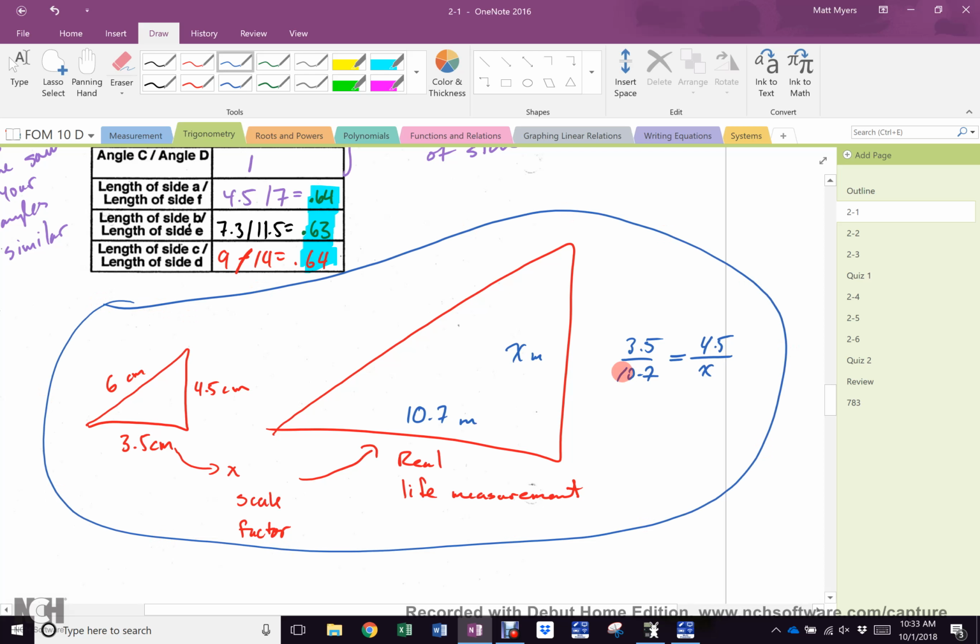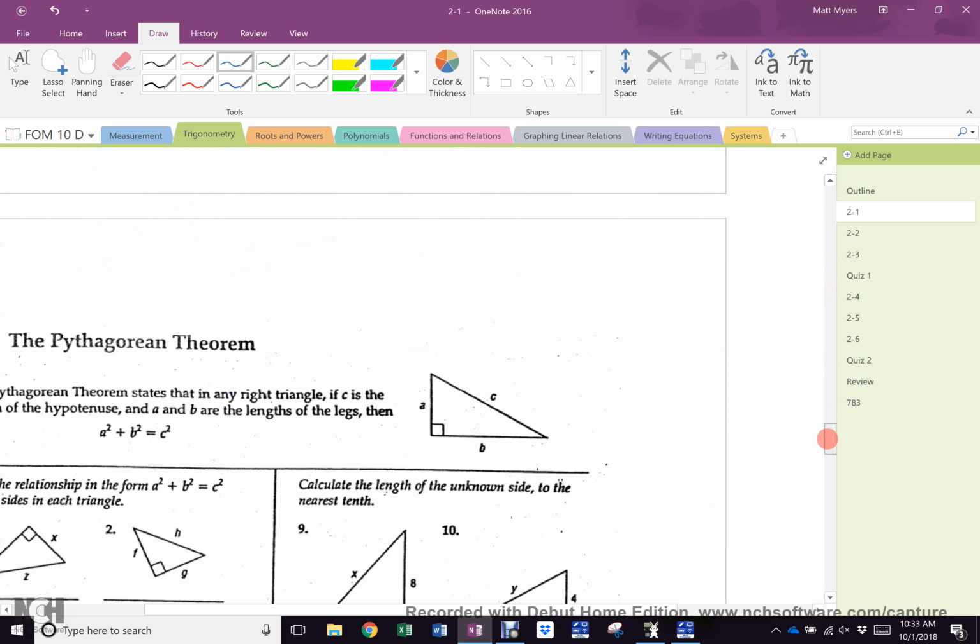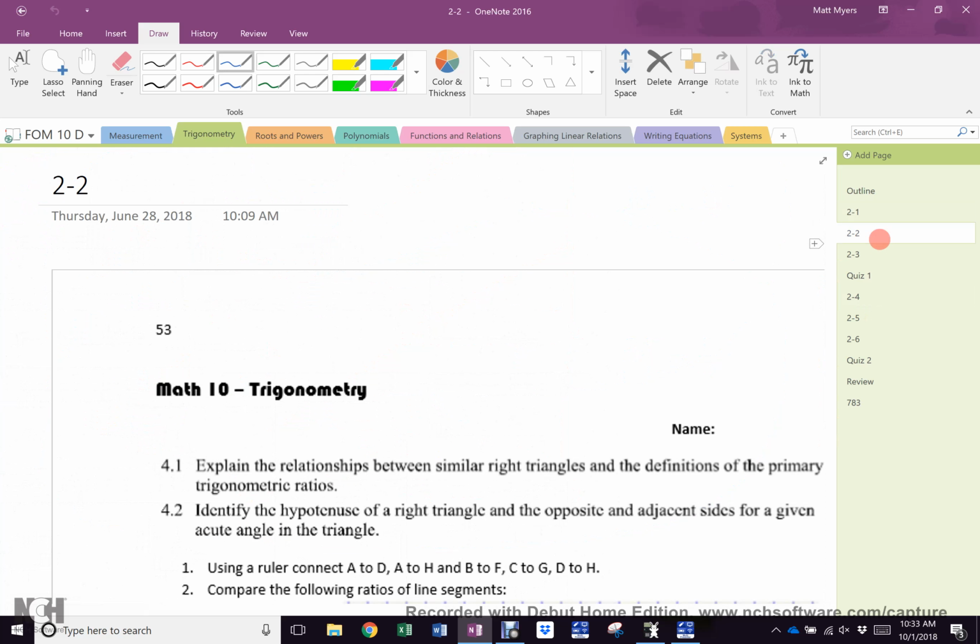And the concept is this: no matter what we do to the lengths of the sides, the angles stay the same. Okay? That's the whole point. Is everybody cool? All right. Please turn your pages to page 53.